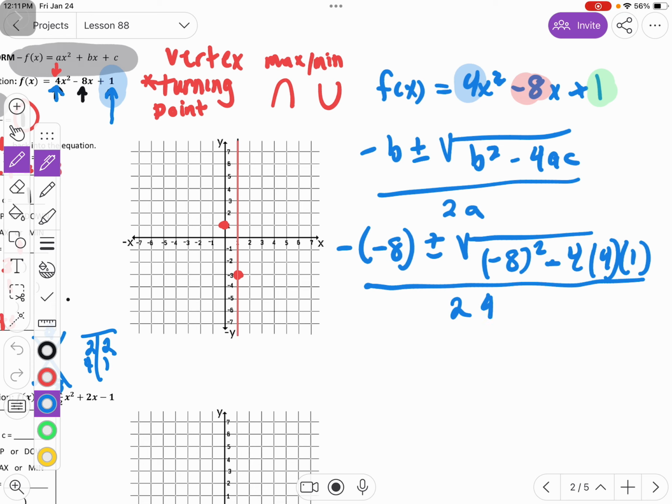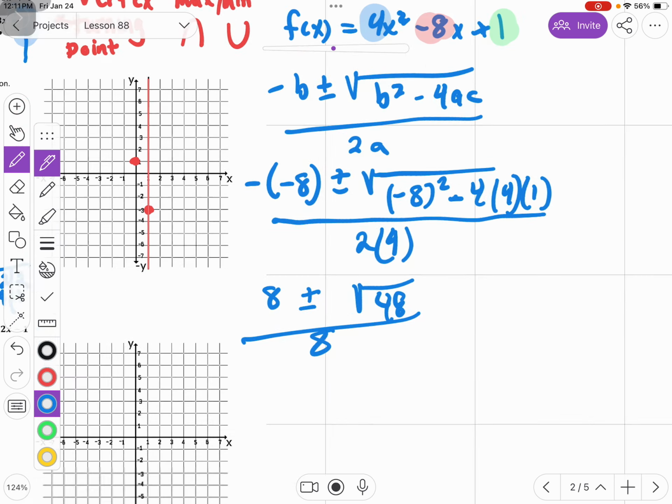A was 4, remember? So now we're going to have two answers. Negative 8 squared is 64, minus 4 times 4, that's 16. So this is the square root of 48. So we're going to have positive 8 plus or minus the square root of 48 over 8.